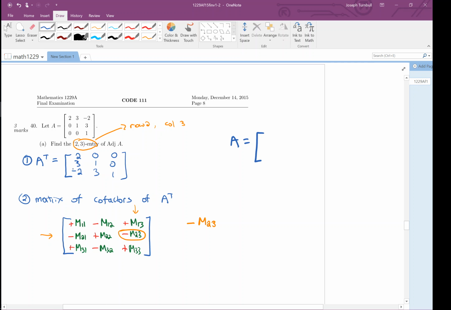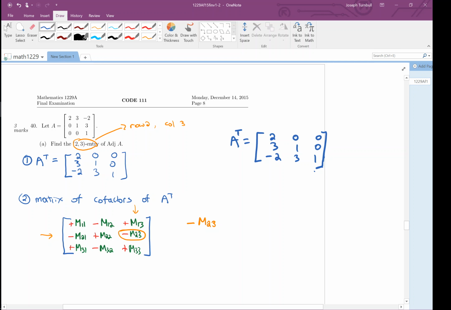I got the transpose of the matrix, and then when I went to make a copy of it to make the minor matrix, I duplicated A instead of A transpose. So I just tried to do it again. So 2, 0, 0, 3, 1, 0, negative 2, 3, 1.